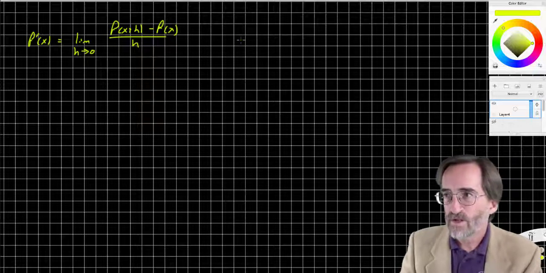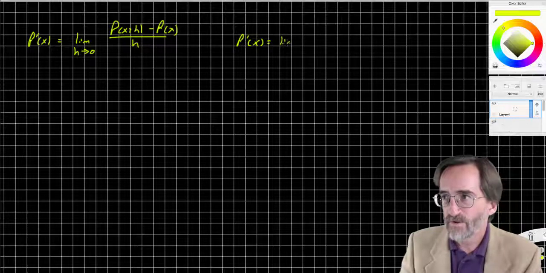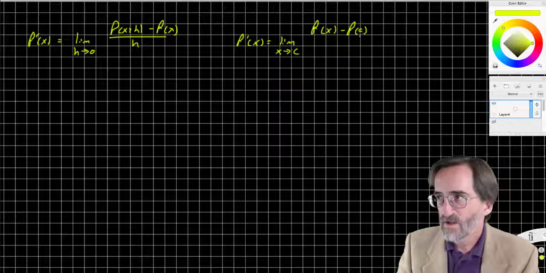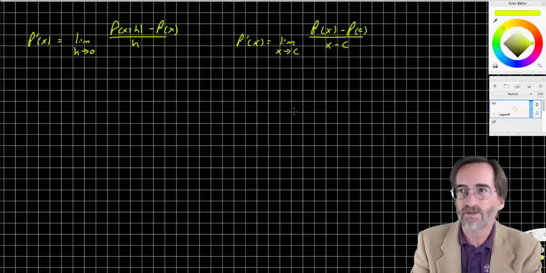That's one. The alternate definition, f prime of x equals the limit as x approaches c of f of x minus f of c over x minus c.